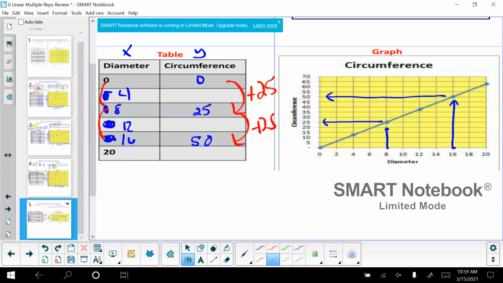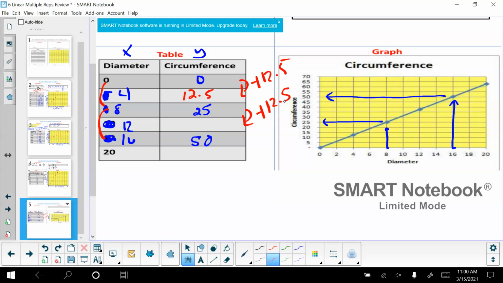Okay, well, if I sort of go halfway, instead of going up 8, I go up 4 on the x side, I could go up halfway on the y side. So instead of going up 25, I can realize that half of 25 is 12 and a half. I can go up 12 and a half. So this first number here would be like a 12 and a half. And then from 25 to the next one would also be a 12 and a half.